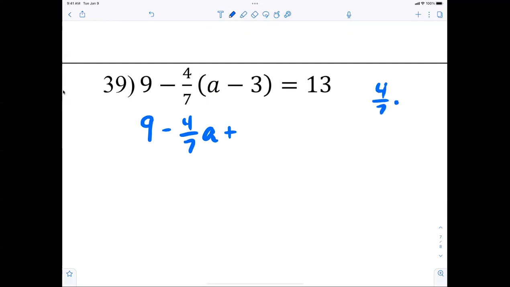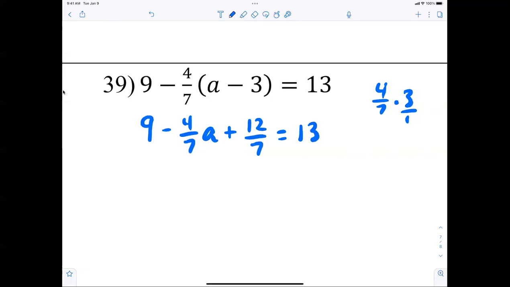So it's 4/7 times 3, right? 3/1, right? Plus 12/7 equals 13. Is everybody okay with that so far? Yeah, we can do that. That's coming. Yes, it is easier. I'm going to show everybody that. All right. Everybody's good with that.